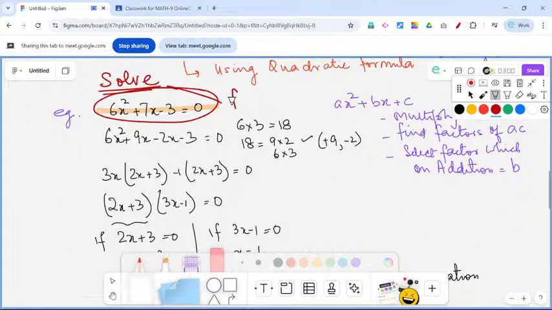So AC is 1, and what will be the factors of 1? 1 multiplied by 1. On addition, can I get the middle term? Yes. 1 plus 1 is 2. That means I can split the middle term.